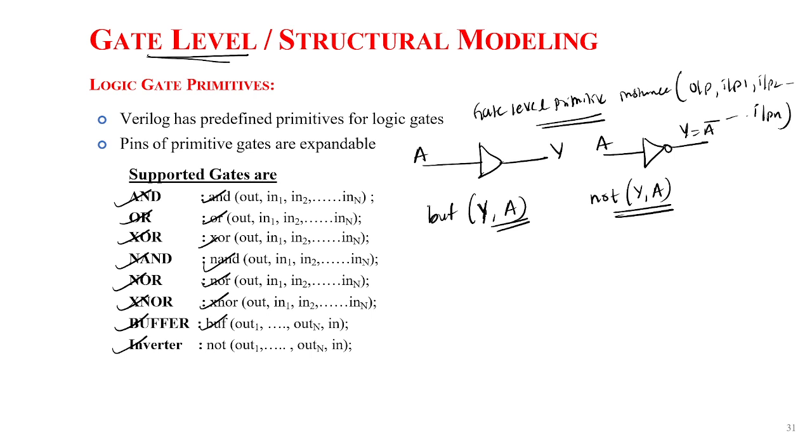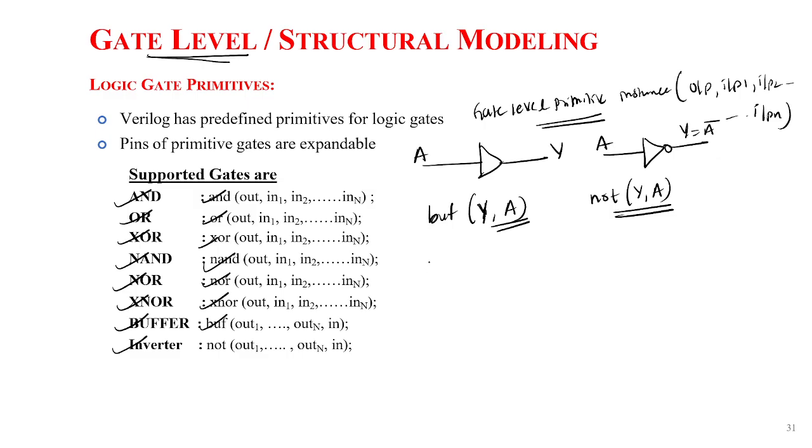In gate level modeling you have one more: bufif0 and bufif1, which we call tri-state buffers.